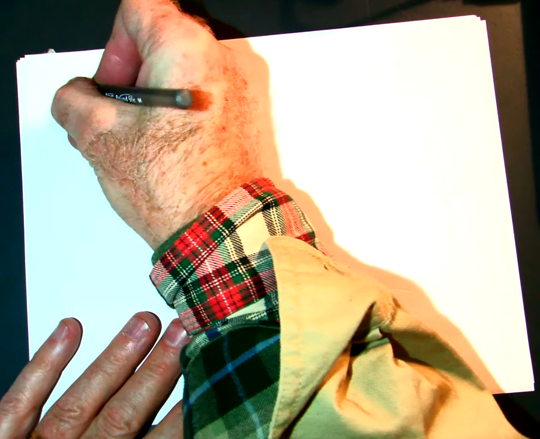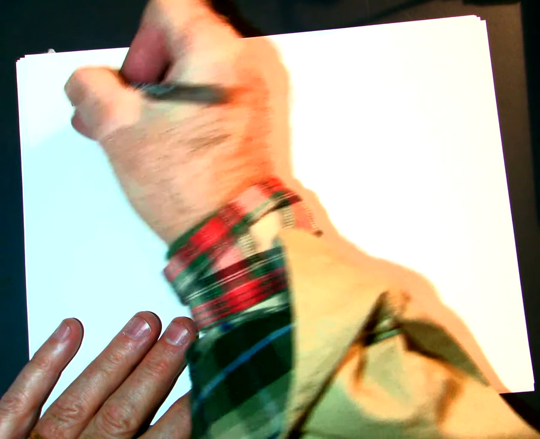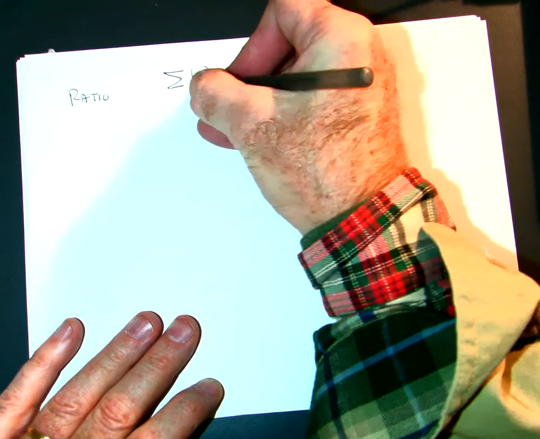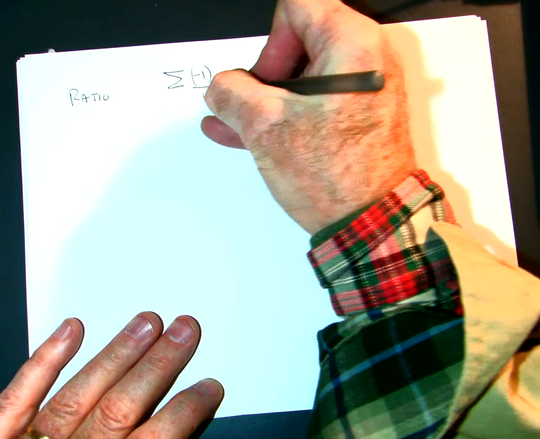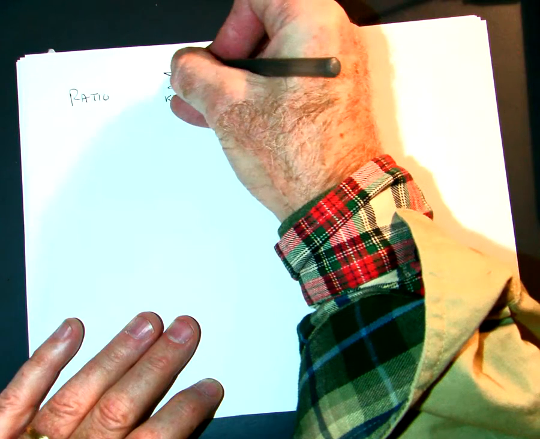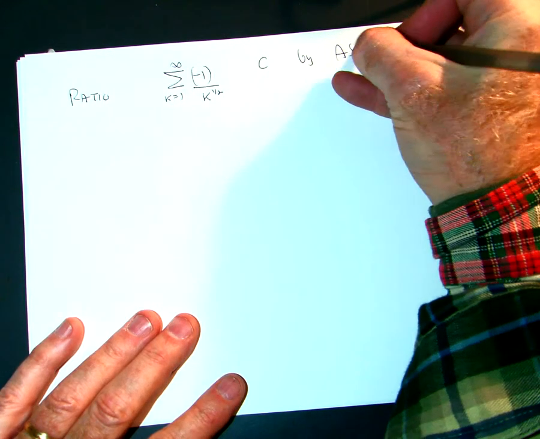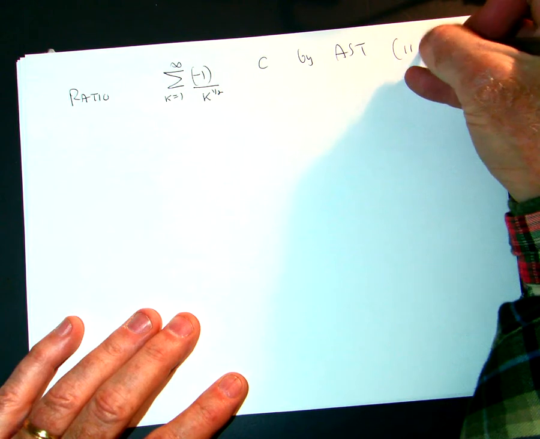So I do the ratio test, and I'll use a different series, the sum of minus 1 to the k over k to the 1/2. And this converges by the alternating series test. We did that in class on Tuesday.